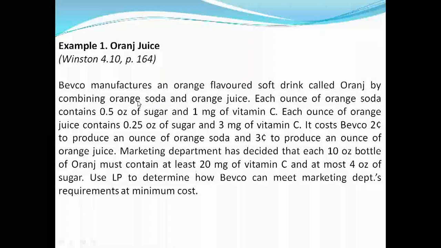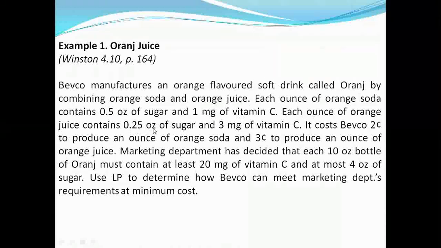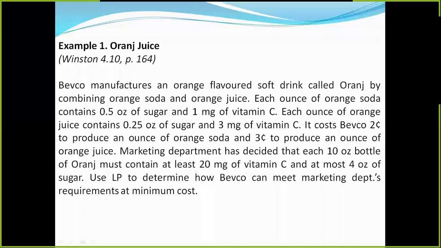And again, subclassification. Orange soda consists of a composition 0.5 oz of sugar plus 1 milligram of vitamin C. Simultaneously, orange juice also will be containing 0.25 oz of sugar plus 3 milligrams of vitamin C, right? So here we are obtaining 4 different constraints.